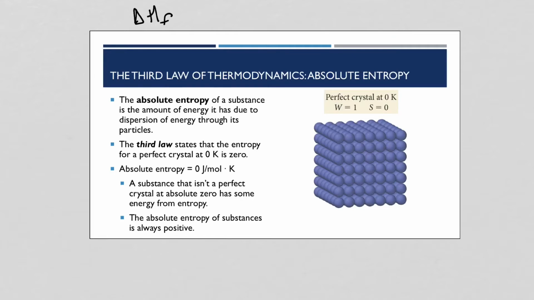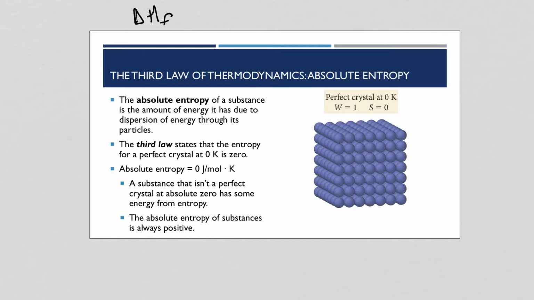Now, however, for entropy, we have an absolute 0. And we can think about this by looking at what we call the third law of thermodynamics. So the third law states that the entropy of a perfect crystal at 0 Kelvin, absolute 0, is 0.